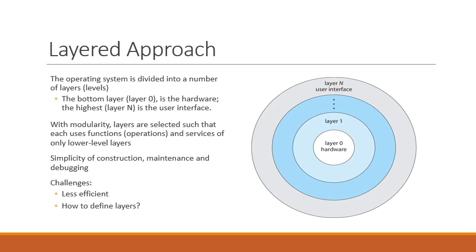Because a layer can only communicate with lower layer through well-defined interfaces, it need not know anything about the data and the operations of the lower layer, that is, how that layer has been implemented. The data and the operations of the lower layer are hidden behind these interfaces.